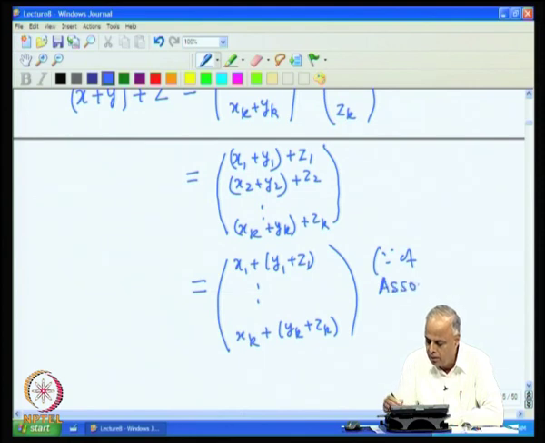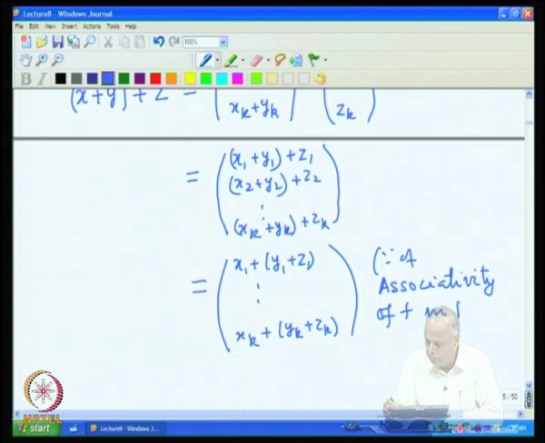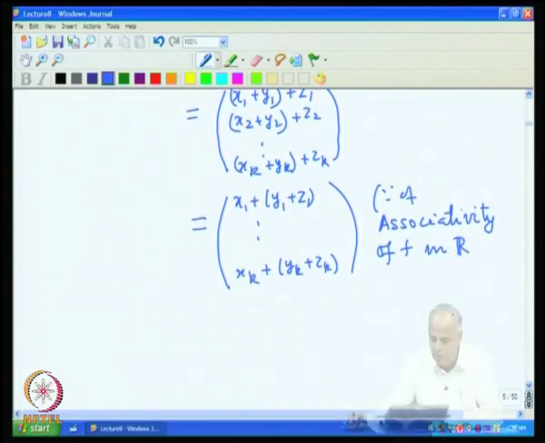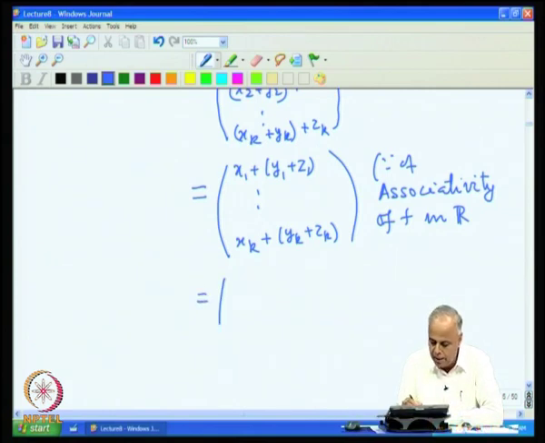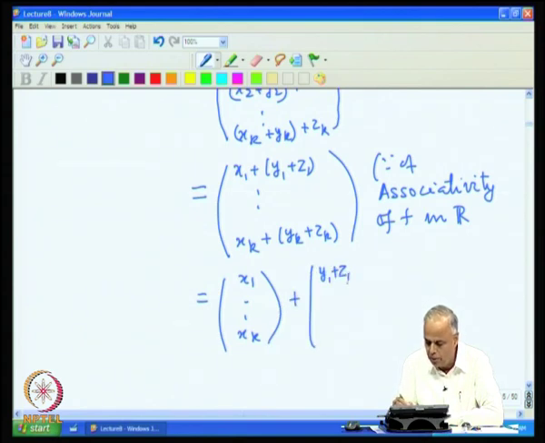This is because of associativity. This is called the associativity law of addition in R. The addition among real numbers follows the associative law. Now, this can be rewritten again as x 1 to x k plus y 1 plus z 1 and so on, y k plus z k. This is again by the definition of plus in R k.